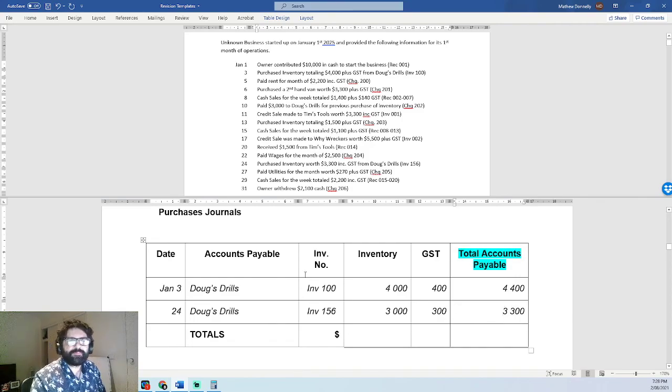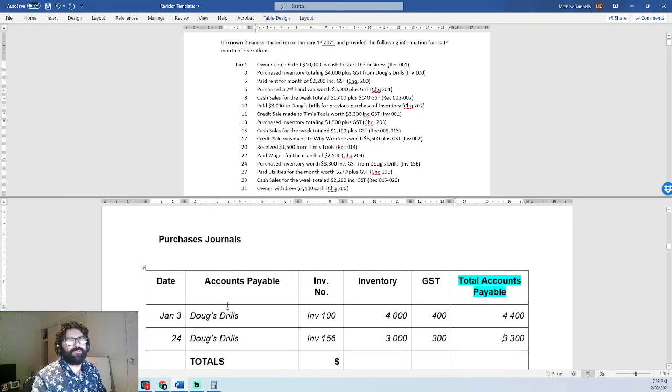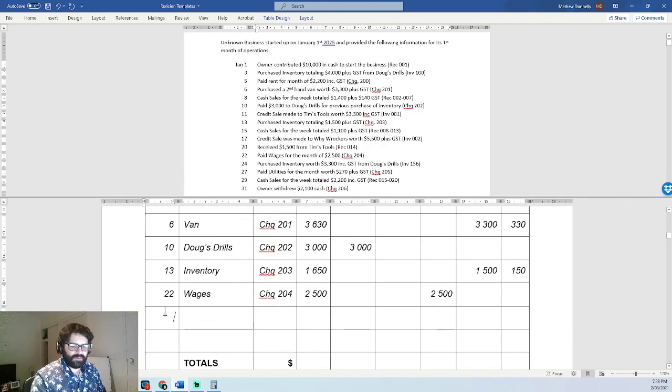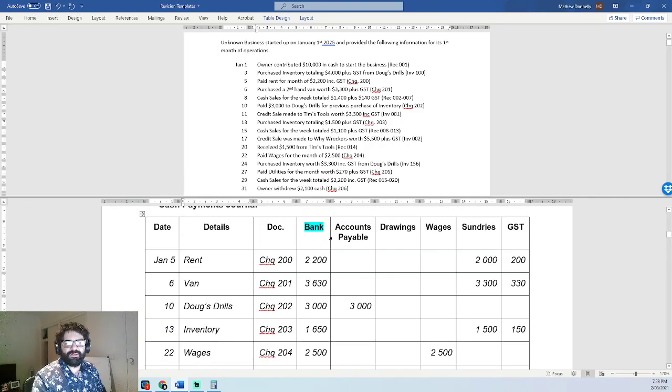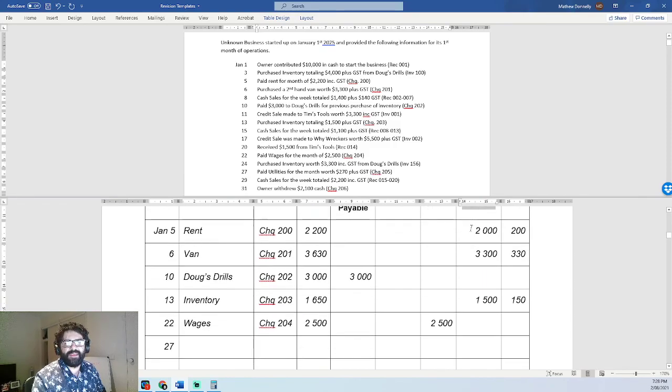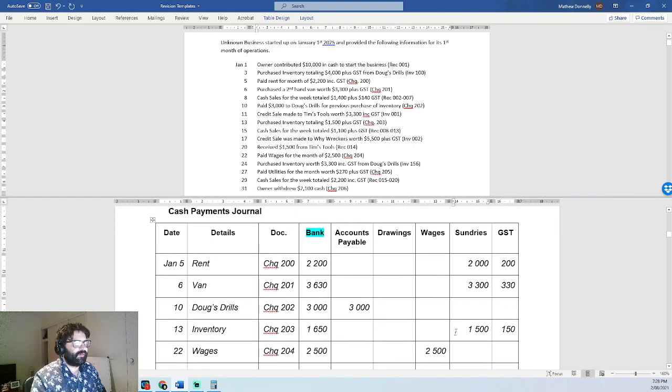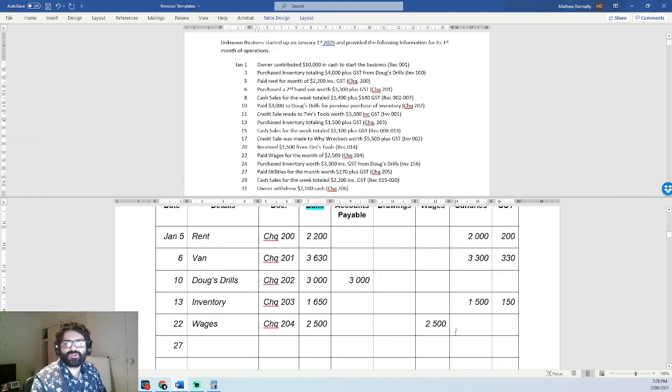More you know. On the 27th, we paid utilities for the month worth $270 plus GST. So let's go back up. We go the 27th. Utilities. Is there a utilities? No, there is not. So if there's none there, it's in the subsidiary column. Let's make that a bit smaller. And we would go, how much? 270 plus GST. So 270, 10% of that is 27. How much does it total? 297.